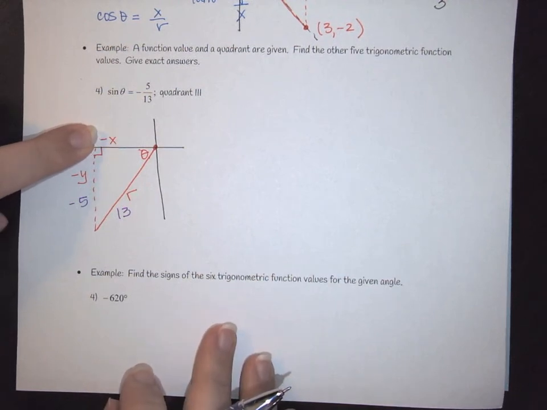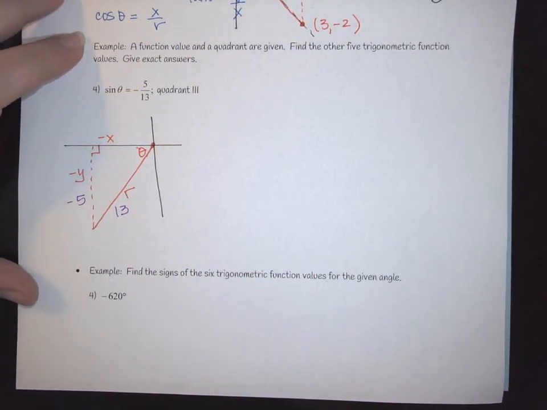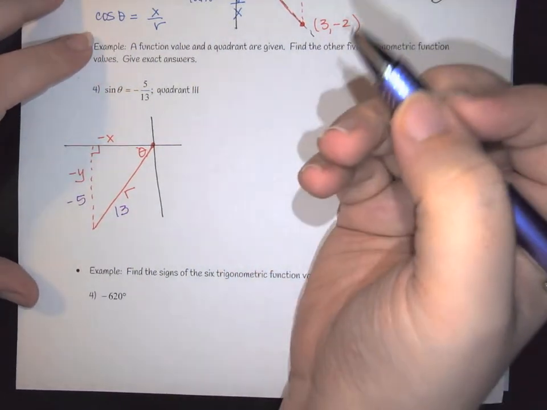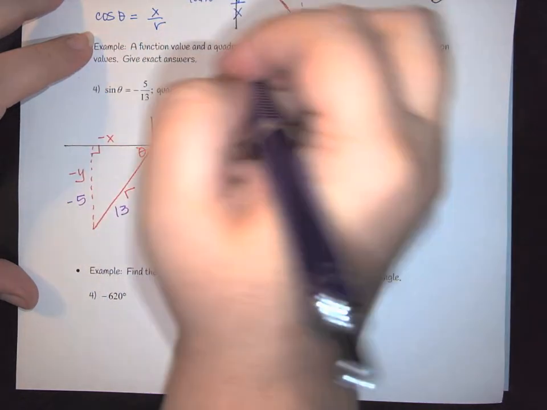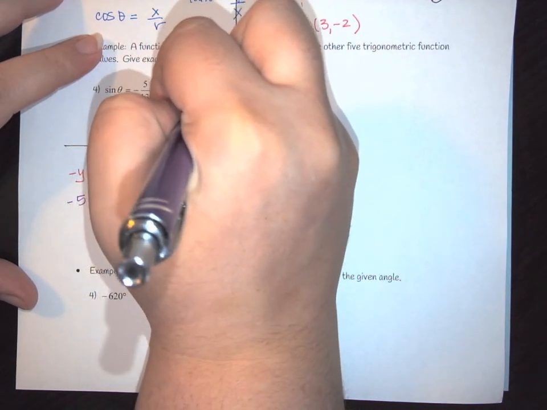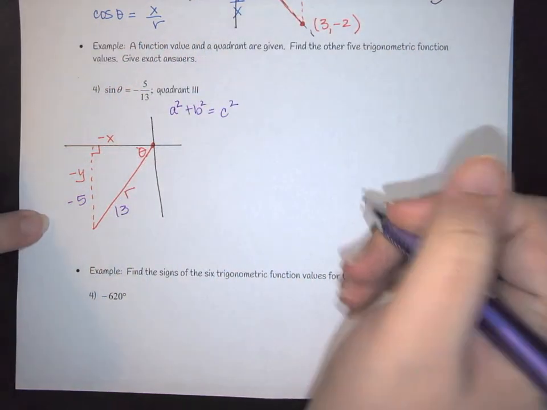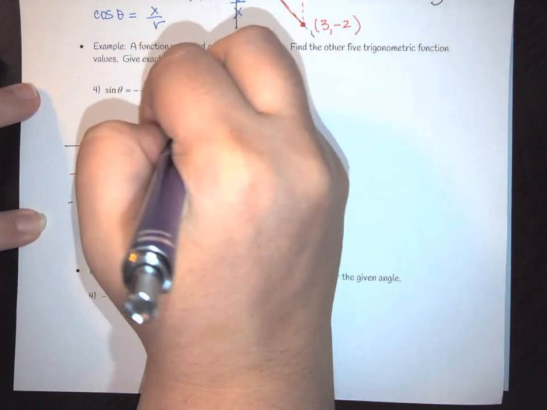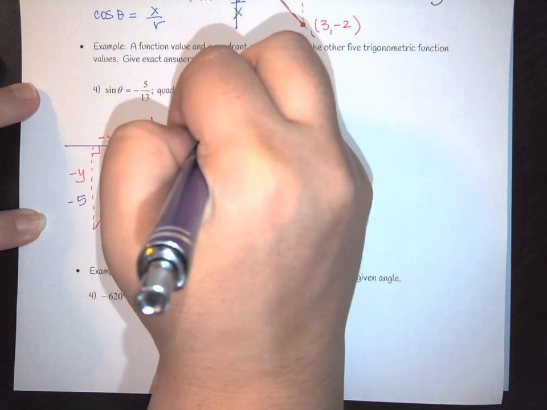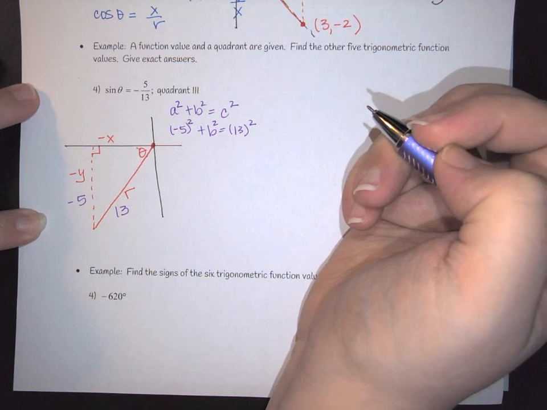So the very first thing that you have to do is calculate the missing value. Again, we need to use a squared plus b squared equals c squared and plug in what we know. We have negative 5 squared plus b squared equals 13 squared.